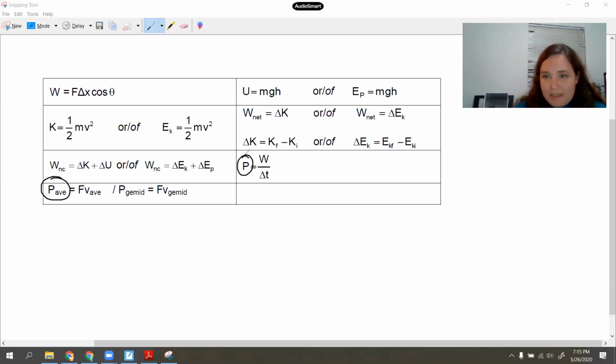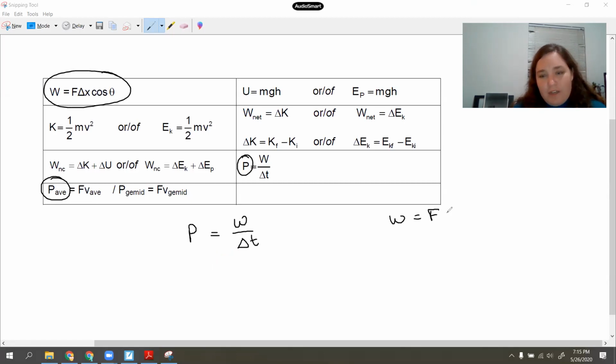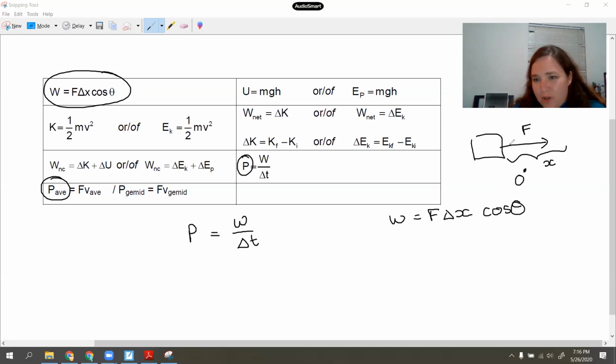Okay, so it's basically power, but if you know that power is equal to work over time, and you look at this formula, which says that work is equal to F delta X cos theta. And we assume that theta is 0 degrees, which means that the force is acting in the same direction that the object is moving, which is kind of logical for most cases.